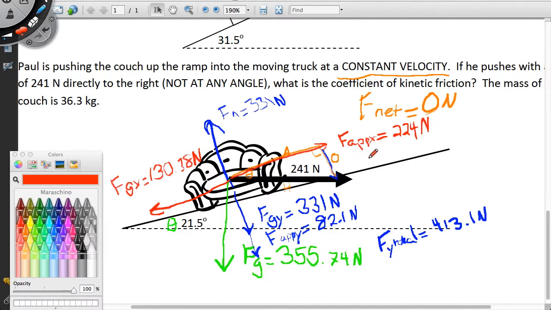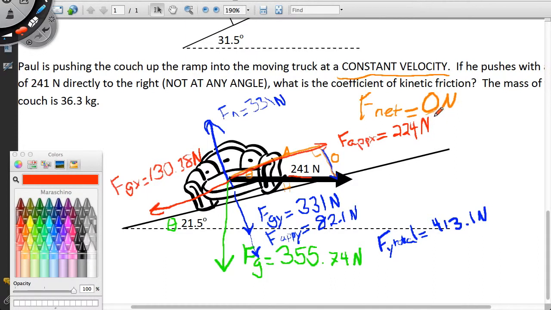And just like when we were doing 2D kinematics, this is my hypotenuse. None of the numbers that I just calculated are bigger than it. Because of my angle, I know most of my numbers are going to be on my x coordinate. So now I know that I have an F applied on my x of 224 newtons.